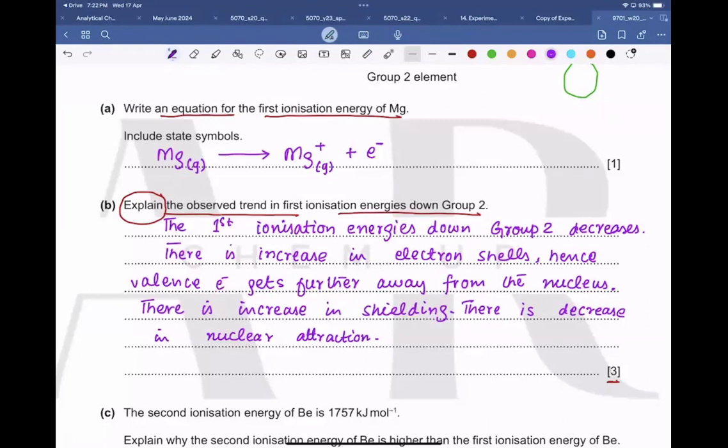But here, the nuclear charge would not be affected because the distance between the valence shell and the nucleus is increasing, and the shielding effect is also increasing. So these two make the effect of the nuclear charge ineffective, and that's why the ionization energy decreases, because the forces of attraction get weaker because of the greater distance and more shielding.